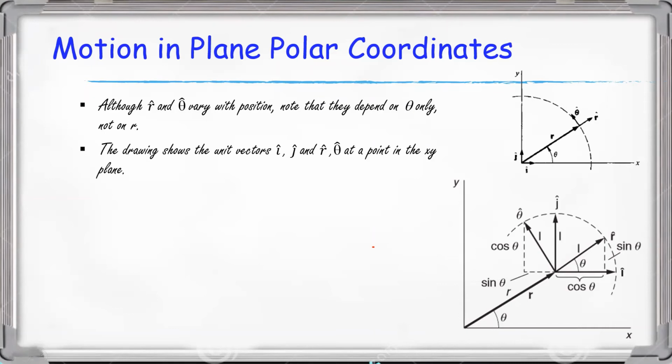Now we have to obtain a relation connecting the base vectors in polar coordinates and the base vectors in Cartesian coordinates. Consider this figure. Here it is the r vector, and it is the direction of r cap, and it will be the direction of theta.